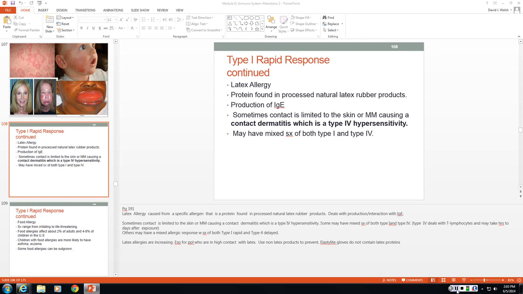Now, latex allergies are increasing, especially for people who are in high contact with latex. There's a lot more use of non-latex products to prevent this type of reaction.